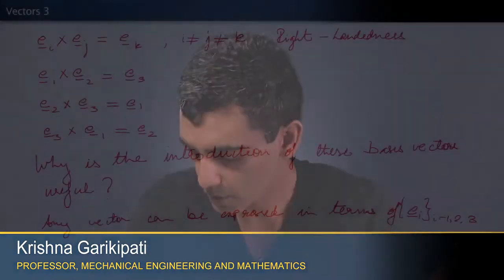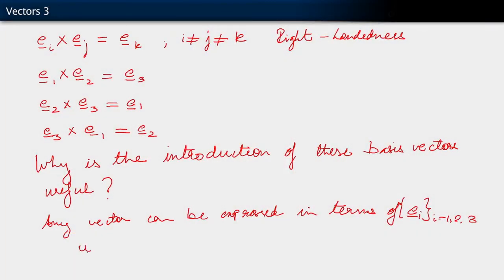In particular, if we think about our vector and we call it u, we have a basis here. What it means is that we can now write the vector u equals u1 times e1 plus u2 times e2 plus u3 times e3.